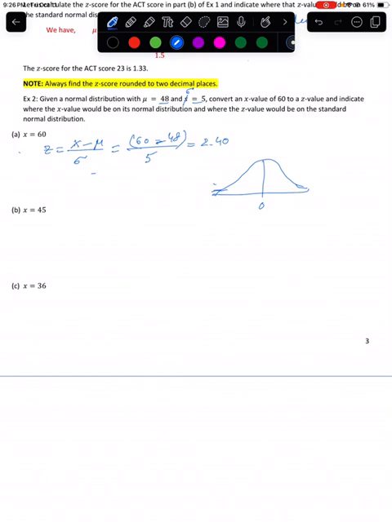2.4. Z is equal to 2.4. And if you want to look at it in terms of the mean, the given mean is 48 and we are talking about 60. So 60 will be to the right of 48. So somewhere here will be 60.